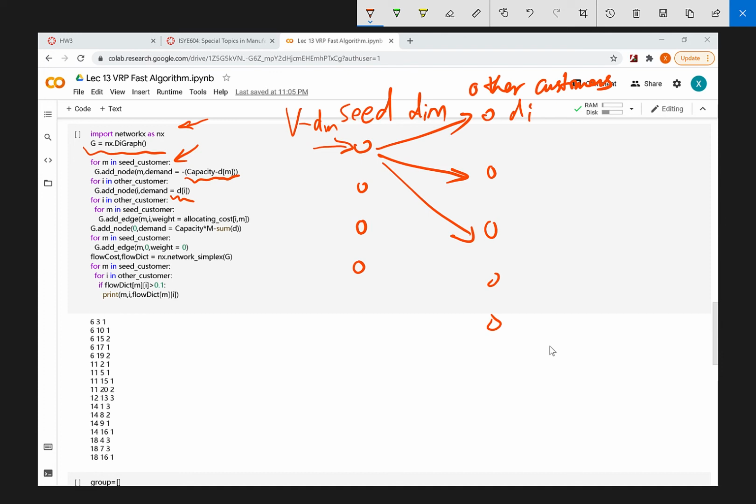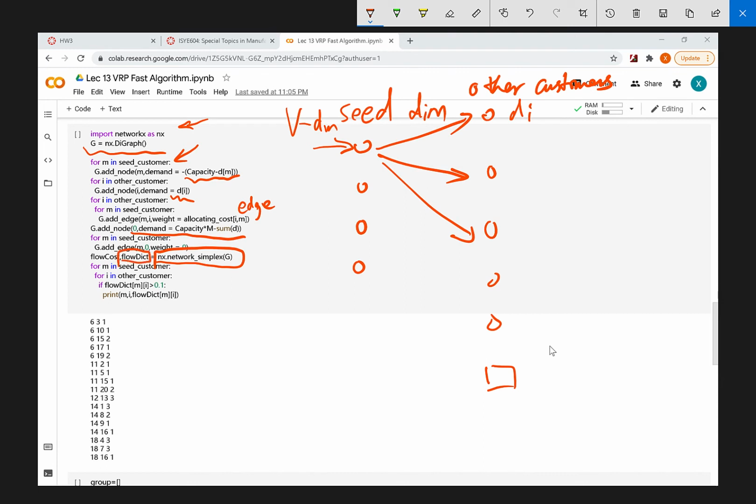For each edge, we connect the seed customer to the potential other customers, with the weight being their closeness measure. And remember that if the capacity of the truck is not fully utilized, we provide a dummy node such that the total flow to be assigned is 0. Then we solve this minimum cost flow assignment problem and get our optimum solution from the flow dictionaries.